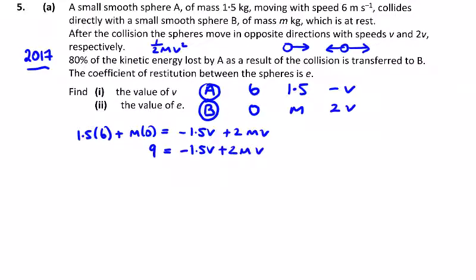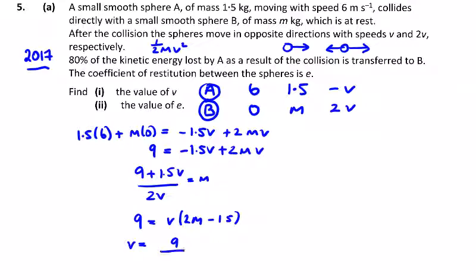So we can get m in terms of v or v in terms of m. 9 plus 1.5v divided by 2v is equal to m. And we could factor out v and say 9 is equal to v times (2m minus 1.5). So v is equal to 9 divided by (2m minus 1.5). Whichever of these will work for us best.